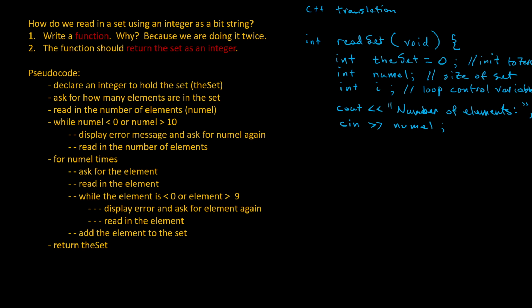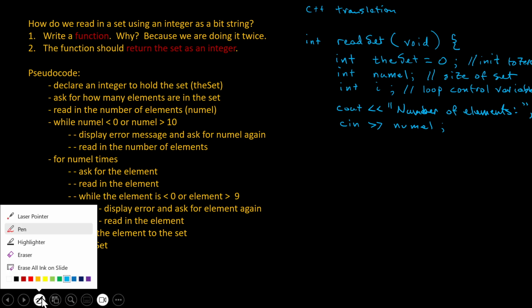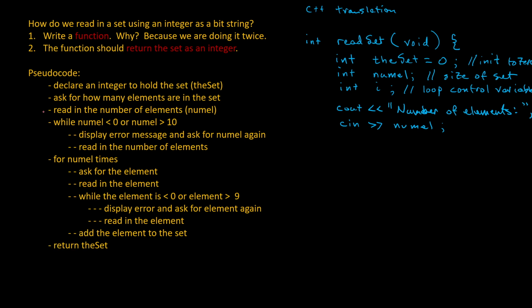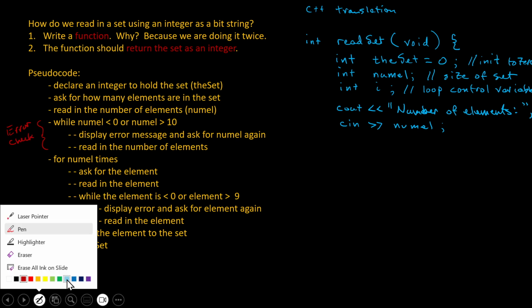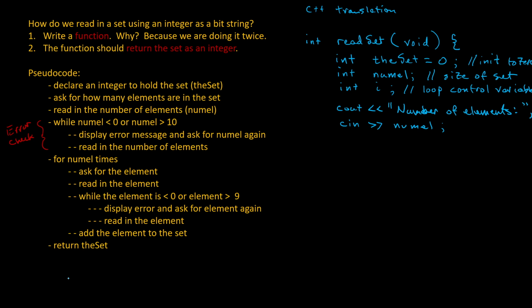And then the next thing I'm going to do is I've got error checking. This is error checking. So just out of curiosity, let's say I put in the number 5, or the valid numbers I have are 0 through 10.